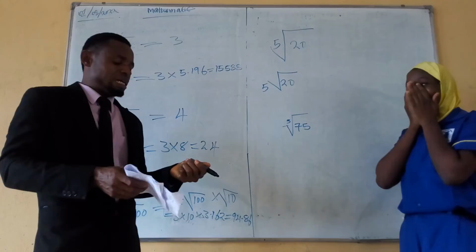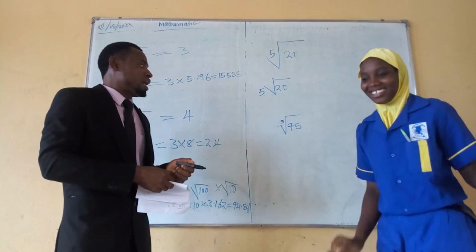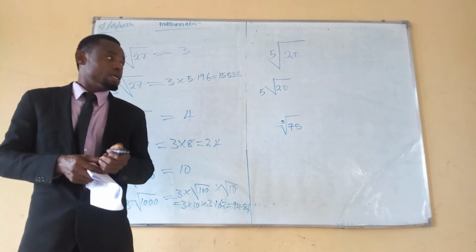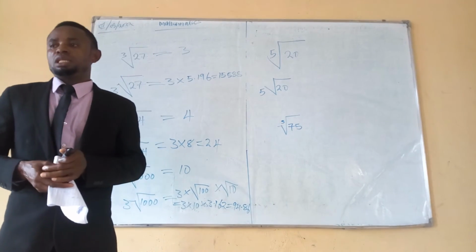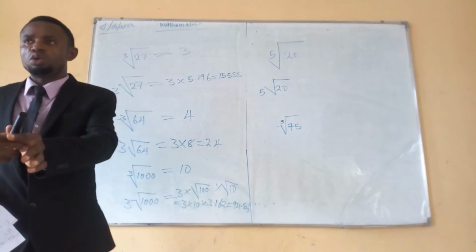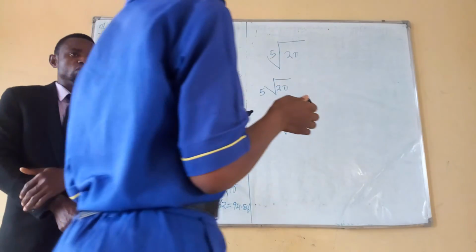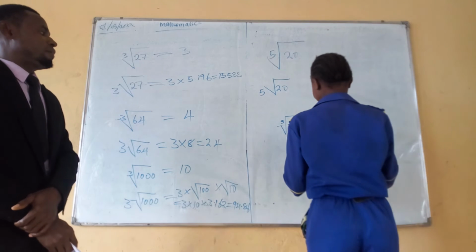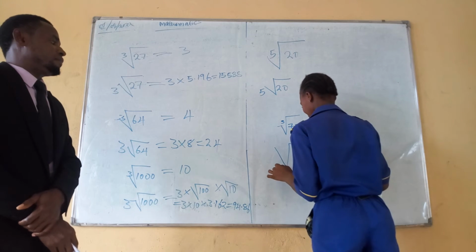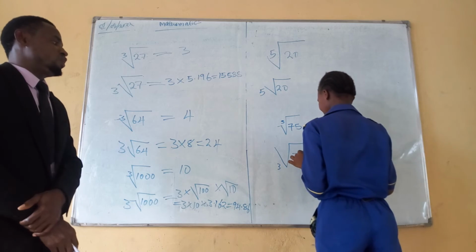Okay? Let another person, you, come and write 3 multiplied by root 75. Let's try to know the difference between the two based on what you have learned here. Let me see. Wow.